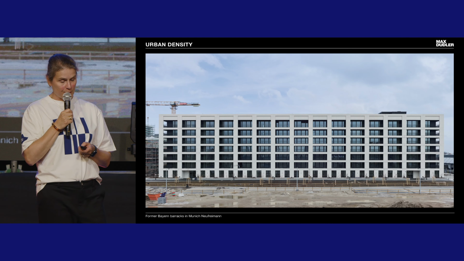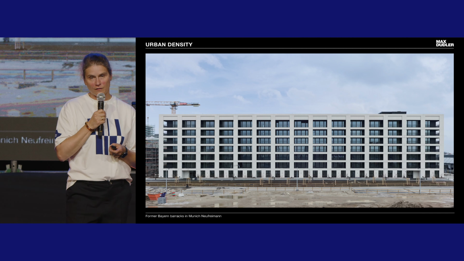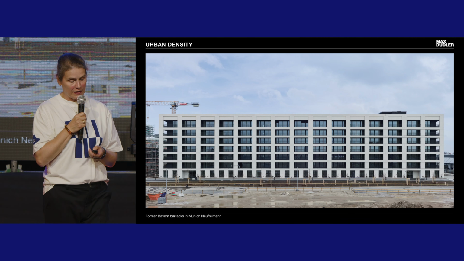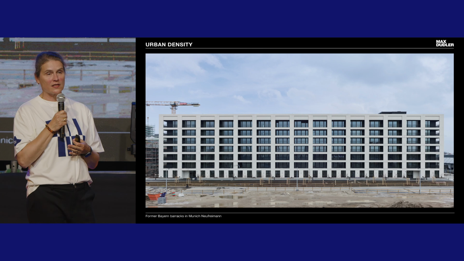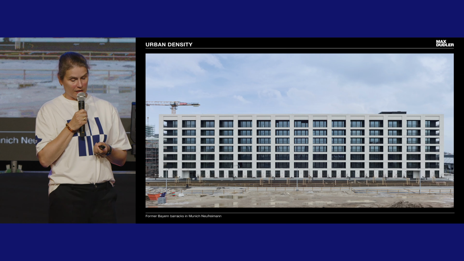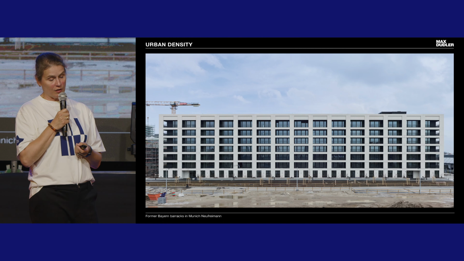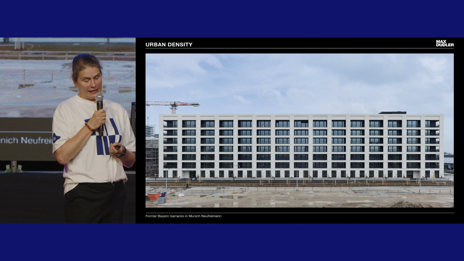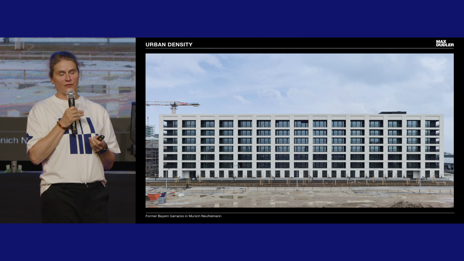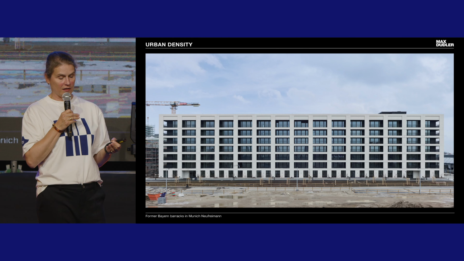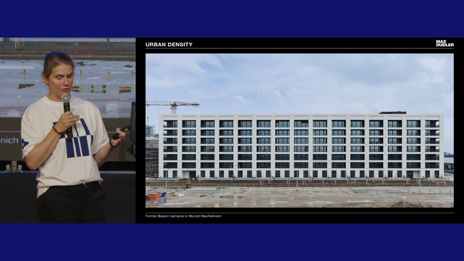So the first building is being finished. The first inhabitants moved in April. That's 32 blocks in total. We designed 4 and 1 is being completed. And our approach was to have a neutral framework for the very colorful and vivid life which is going to move in.